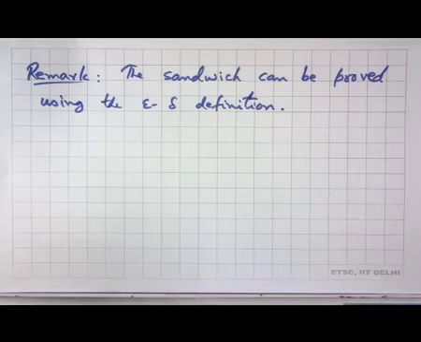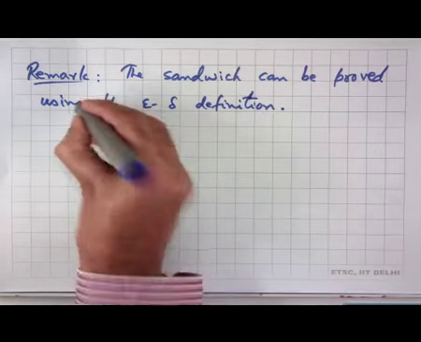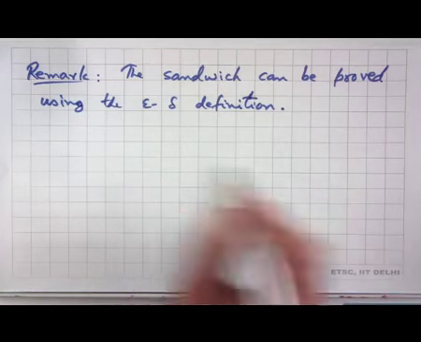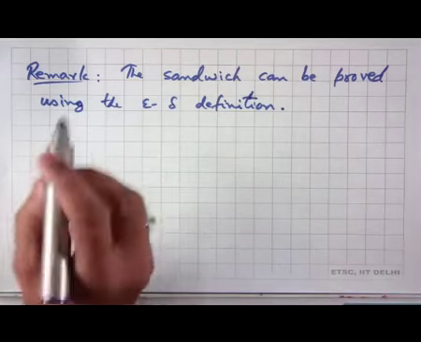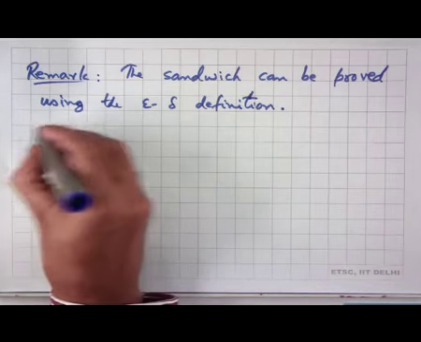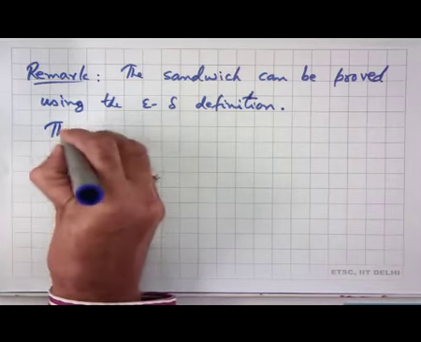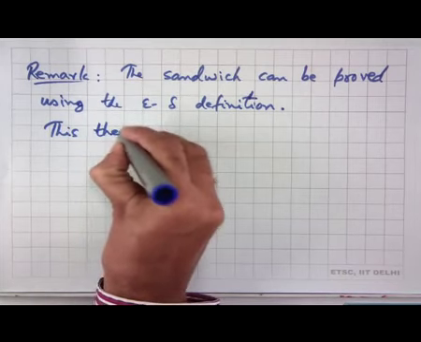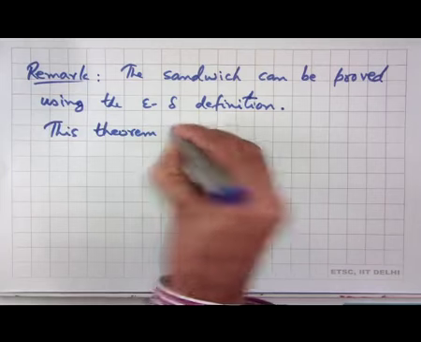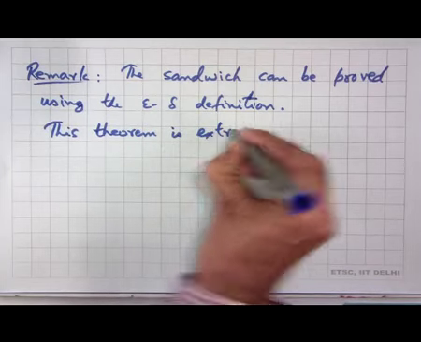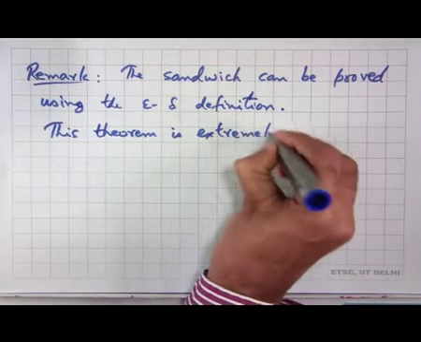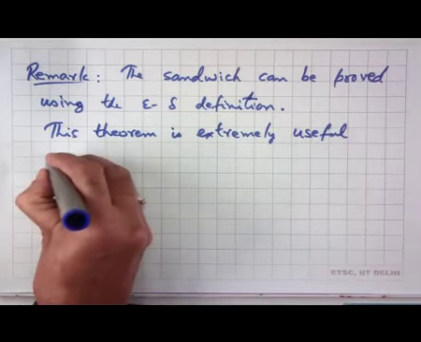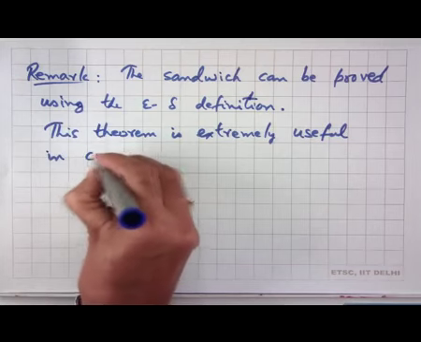I would suggest that the students can try to prove this using this definition, but we will skip the proof. Let us say that this theorem is extremely useful in computing limits.